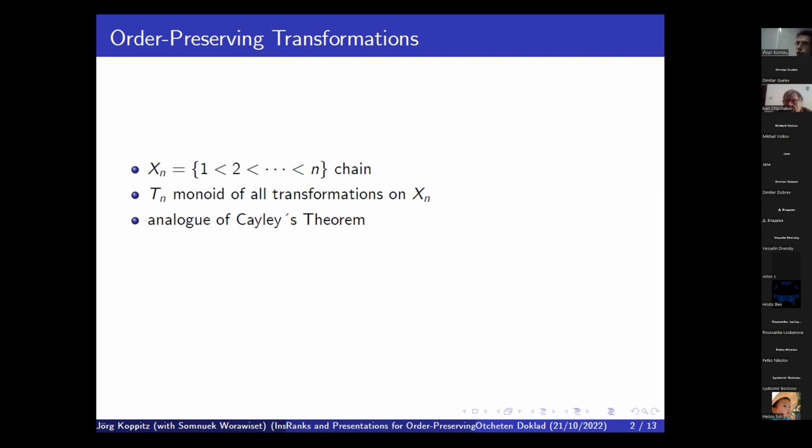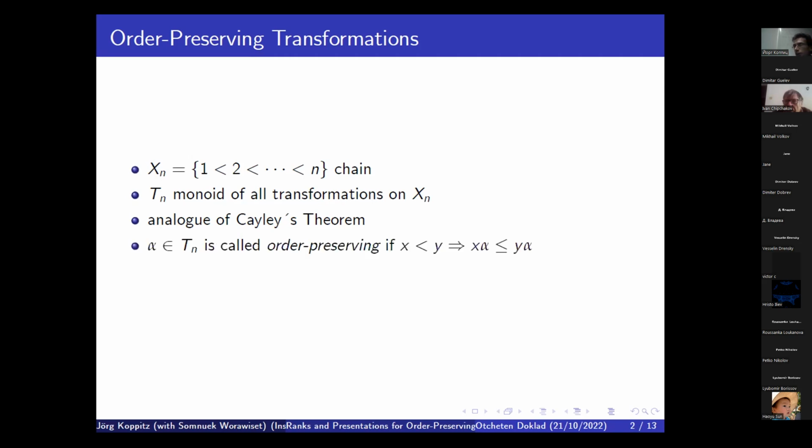That means for each semigroup you can find a suitable set such that this semigroup is isomorphic to a subsemigroup of Tn if we speak of a finite set, and if we have an infinite set, then we have the same situation. That means each semigroup can be embedded in a transformation semigroup for a suitable set, and that's why it is important to study transformation semigroups.